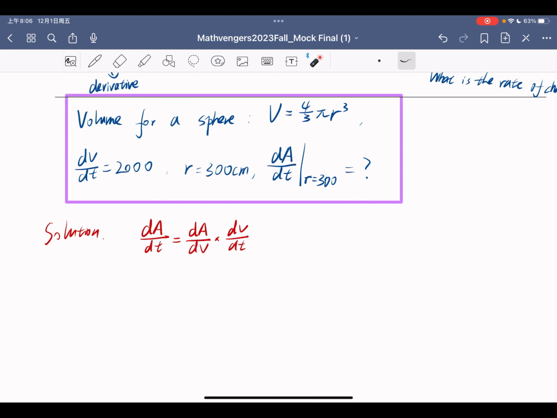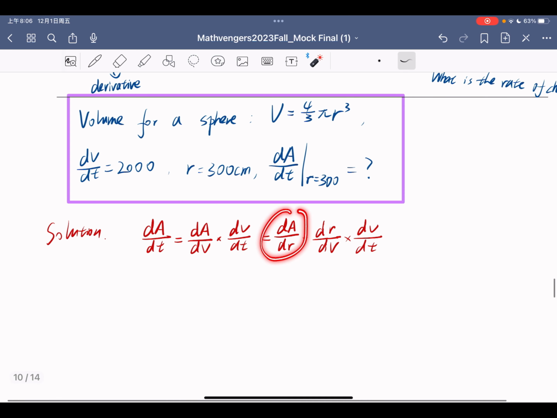If you look at V equal to 4 over 3 pi r cubed, V is actually a function of r. So we can write one more step: dA over dr multiplied by dr over dV and dV over dt.